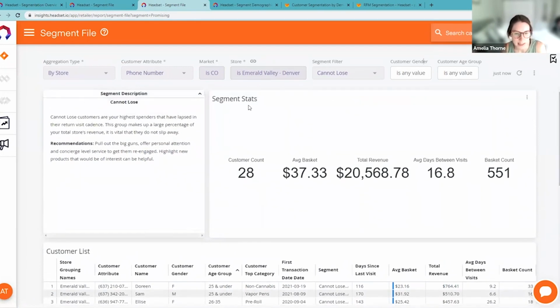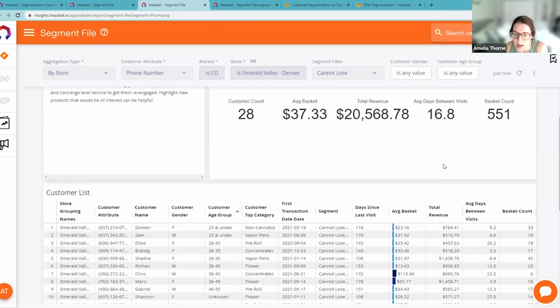So a little bit of stats in terms of our Cannot Lose segment. 28 customers shopping here. This is their average basket, so about $37. Total revenue, again, in the last 365 days is $20,568. And then this is information on average days between visits, as well as basket count.